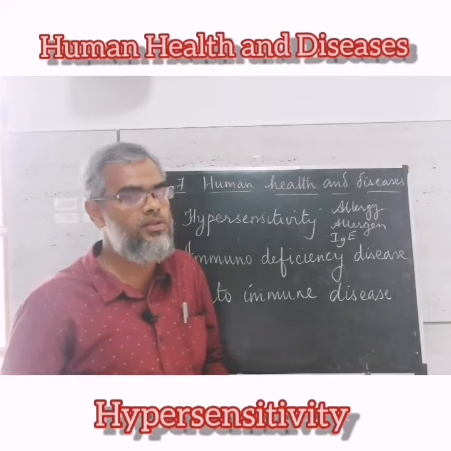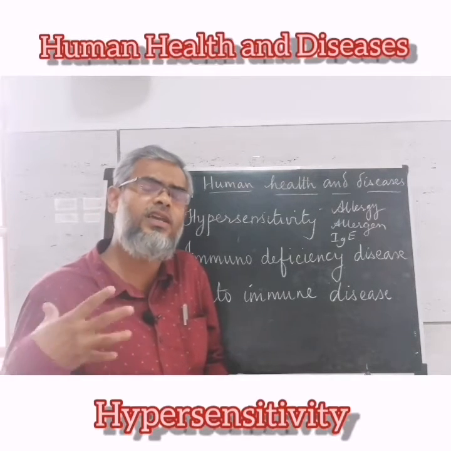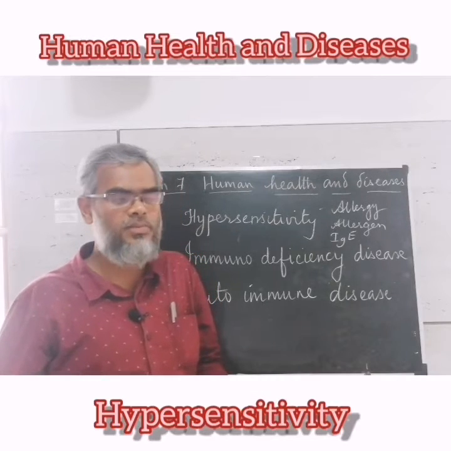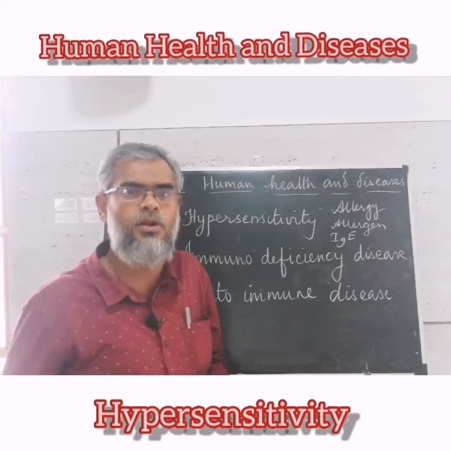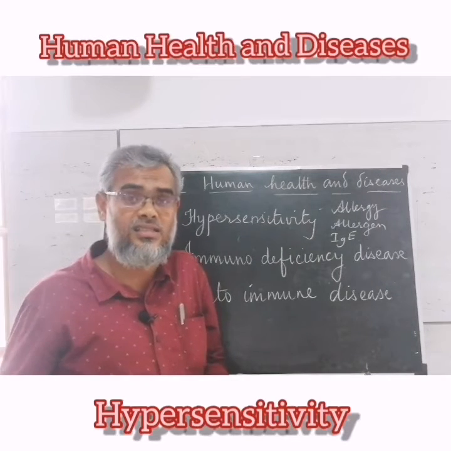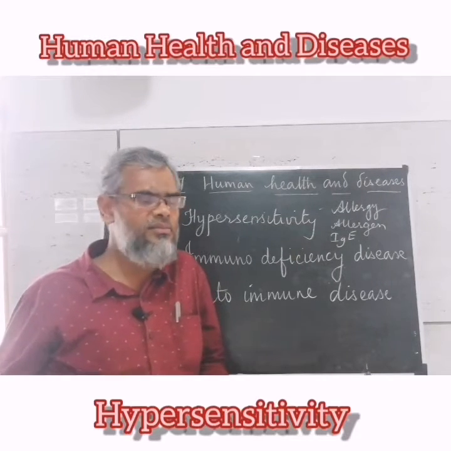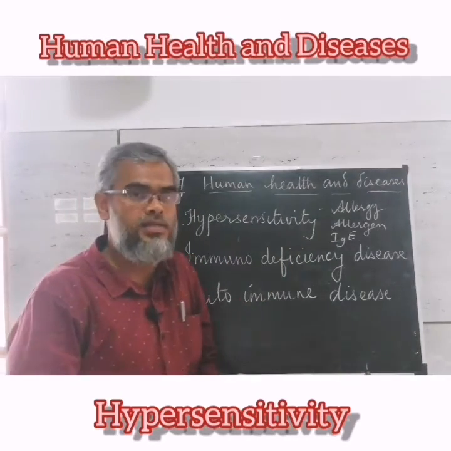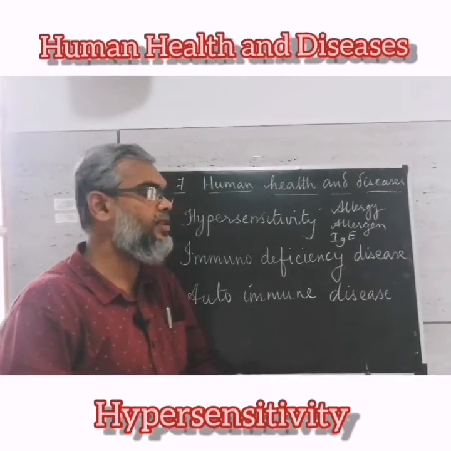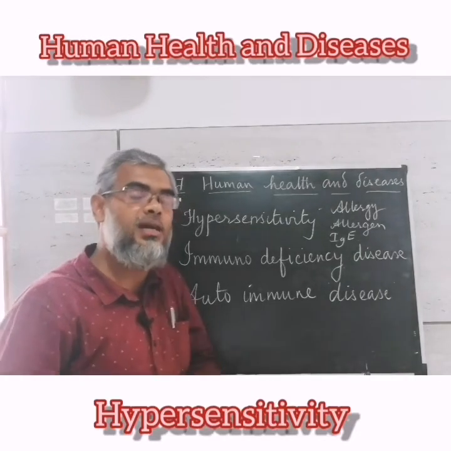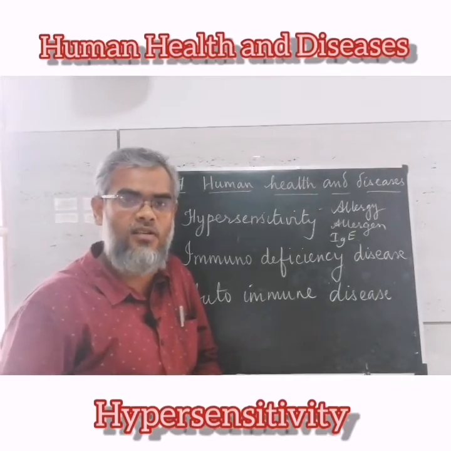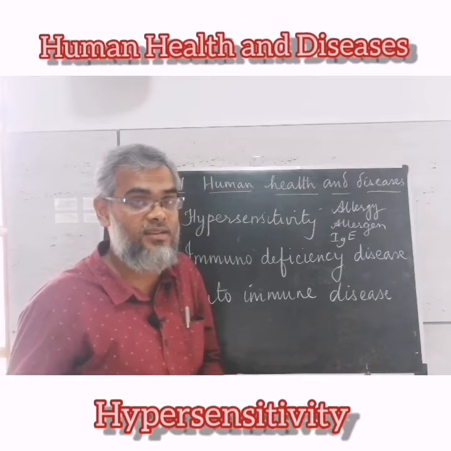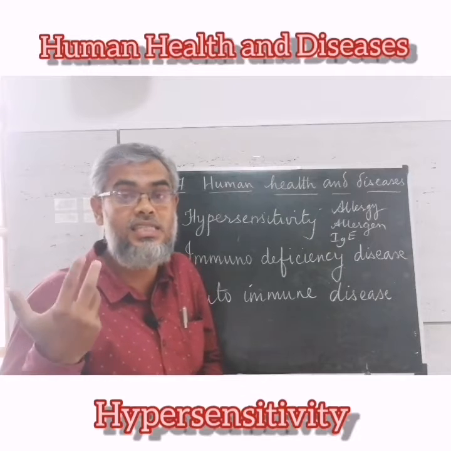So an immediate response happens. Can you say some of the allergic reactions? Of course, sneezing, breathing problems, they cannot breathe properly, even asthma. Many factors are there, so everything comes under hypersensitivity. Is it clear? But in some cases, even this allergic or hypersensitivity reaction will become fatal, it will become severe.